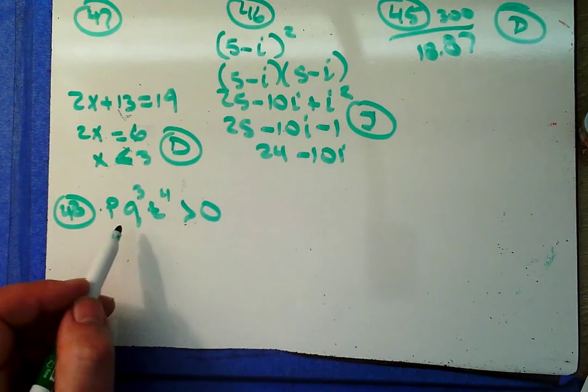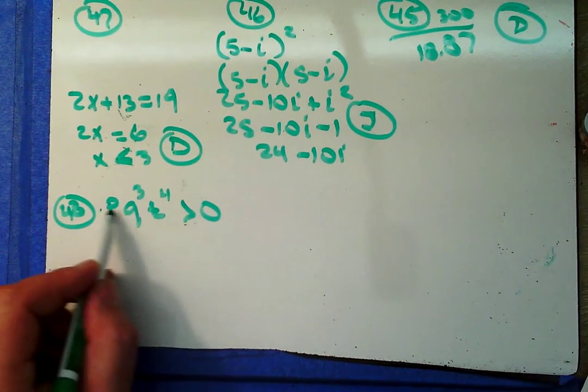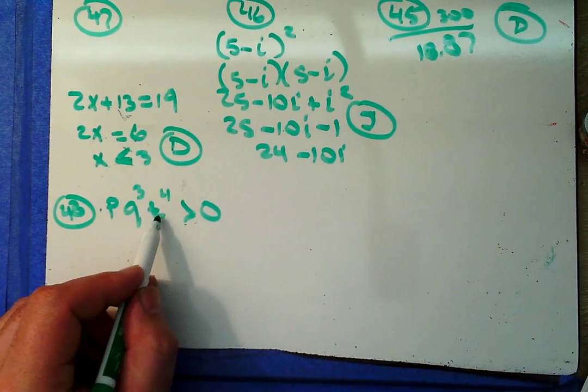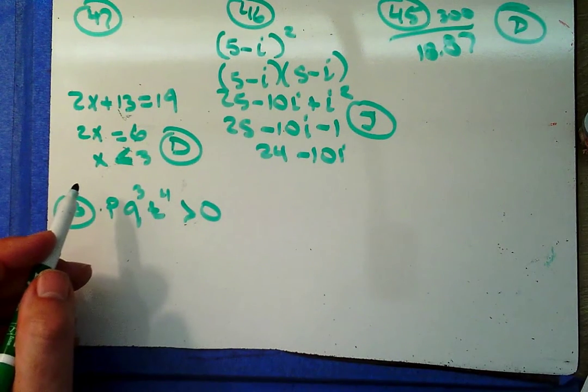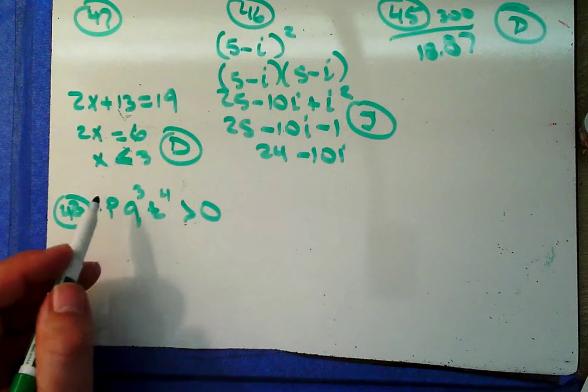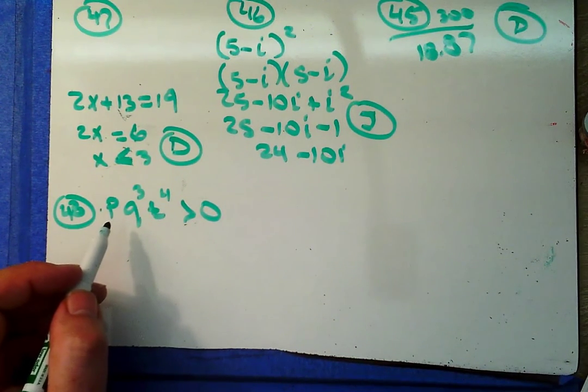So I like p and q being negative. I think these are negative and this is positive. Which of the following products must also be positive? Well, p times q, because they'd both be negative.